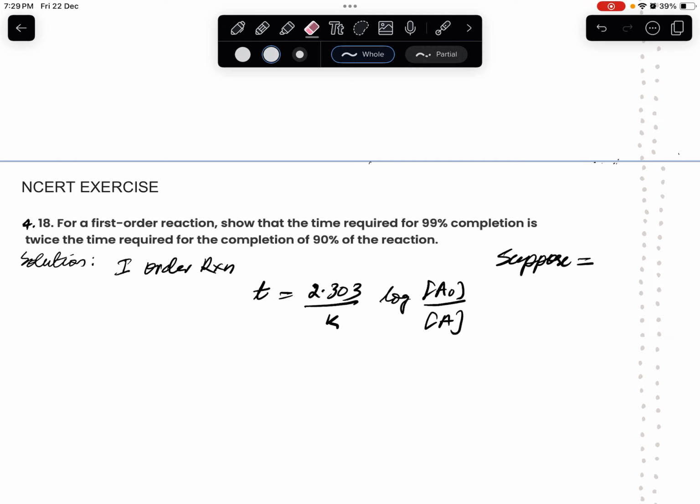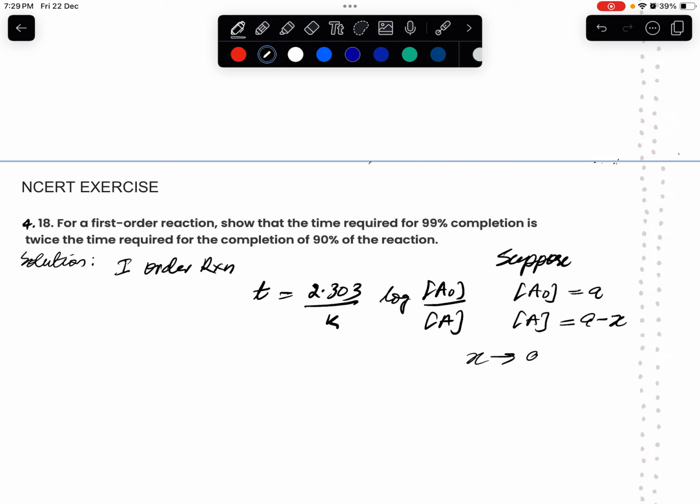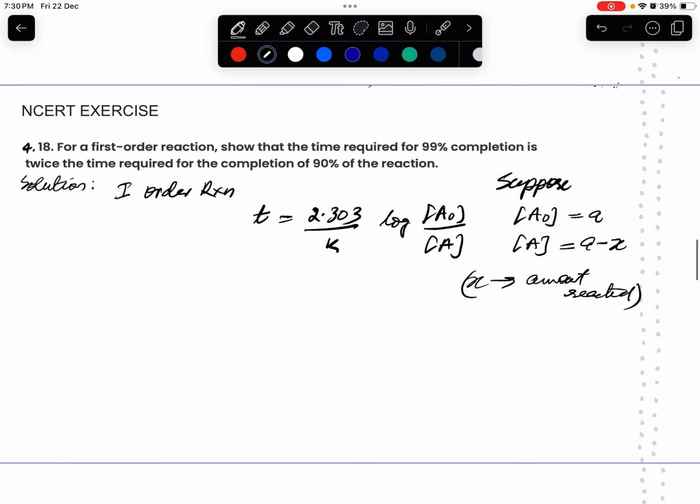Suppose the initial concentration, A naught, is taken as a, and the concentration at a given time is a minus x, where x is the amount reacted or converted into product. So this is the amount left.